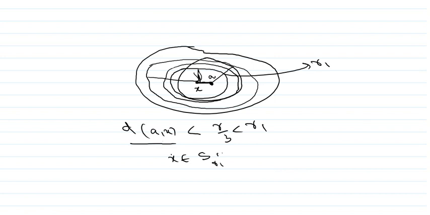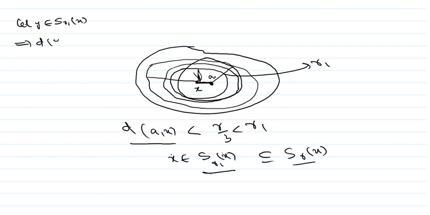Now you have to see whether this is a subset of S_r(x). For this, obviously you have to choose a point from here and prove that it is in there. So let's choose a point here, let's say y in this sphere S_r1(a). This means the distance between y and a is less than r1, okay. You have to prove this y is in S_r(x), that means you want to find the distance between y and x.